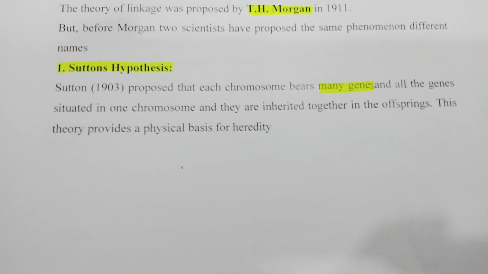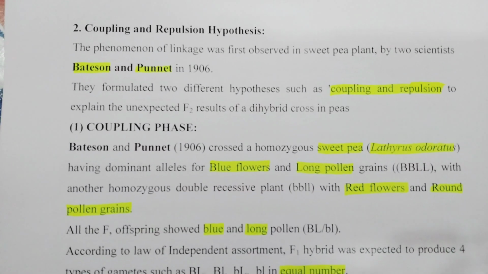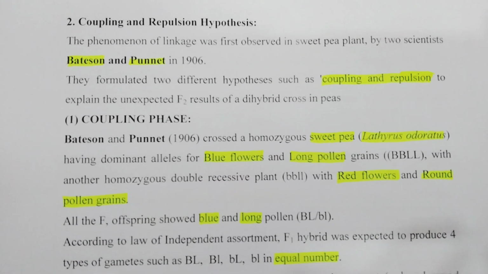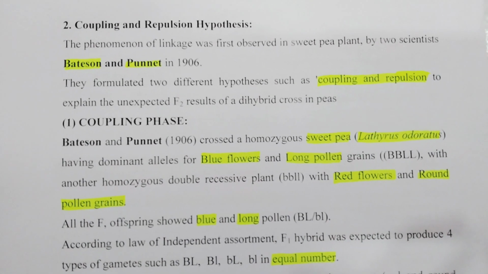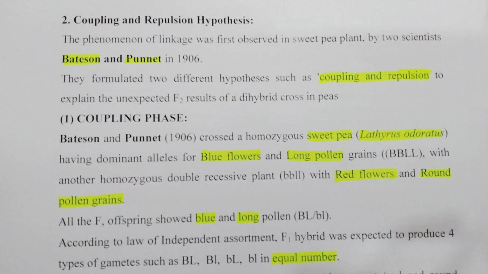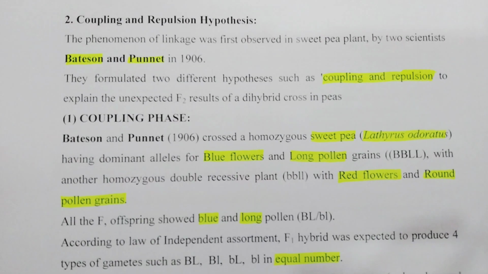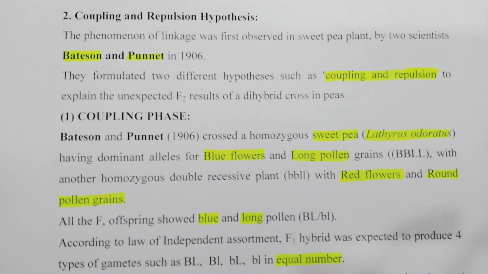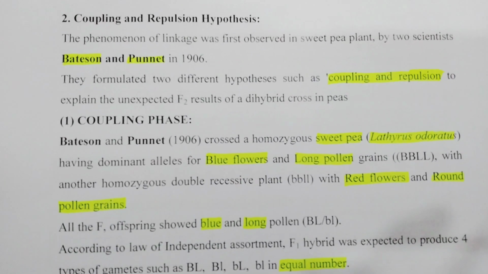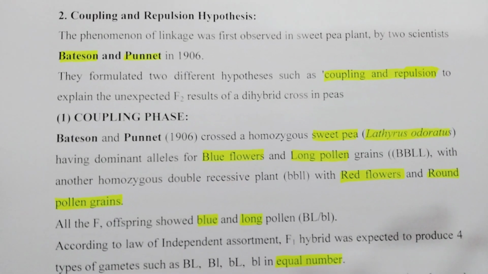Let's see the two important hypotheses: coupling and repulsion. The phenomenon of linkage was first observed in sweet pea. As I already told you, before Morgan, two scientists, Bateson and Punnett, proposed the same phenomenon, but they named them coupling and repulsion.